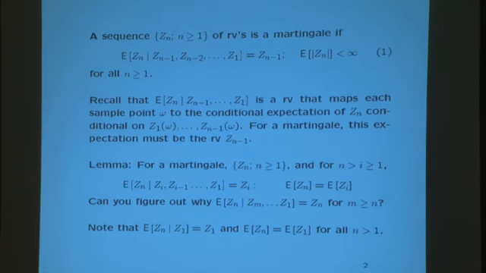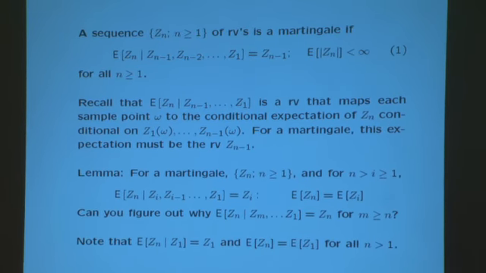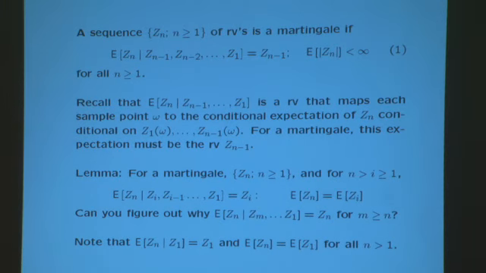Okay, let's review what a martingale is. A sequence of random variables is a martingale if it satisfies this funny-looking condition. When I write it this way, it's not completely obvious what it's saying, but I think we know now that the expected value of one random variable given a set of random variables is really a random variable in its own right, and it's a function of those conditioning random variables.